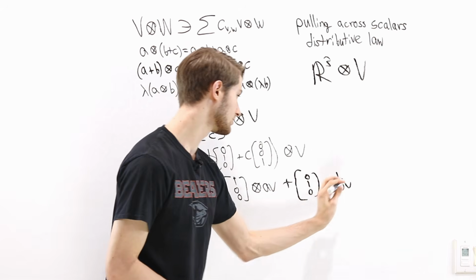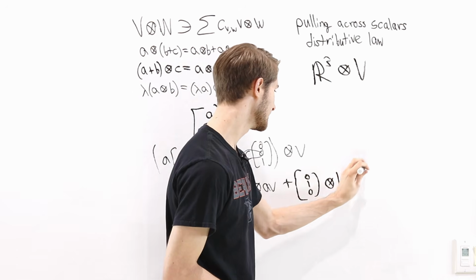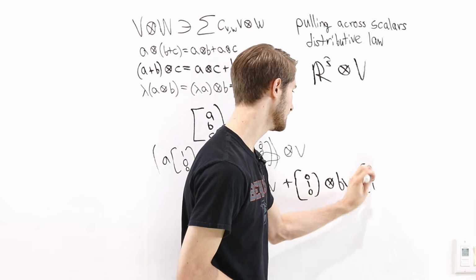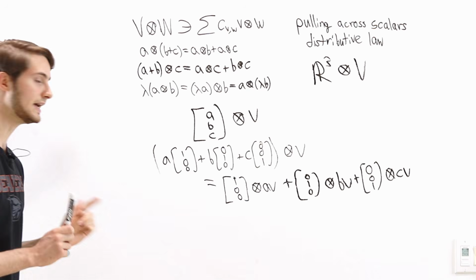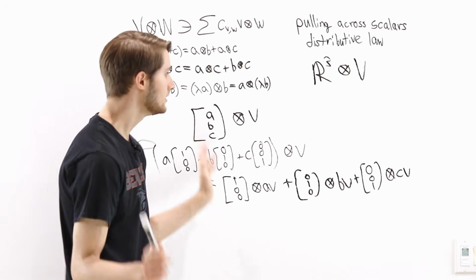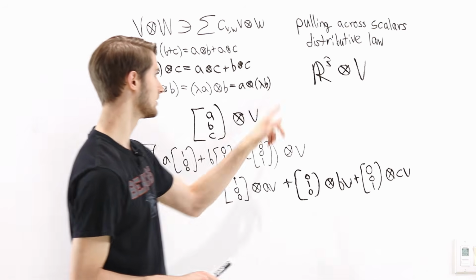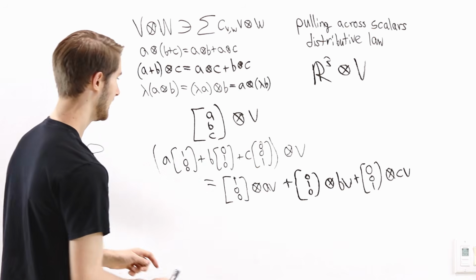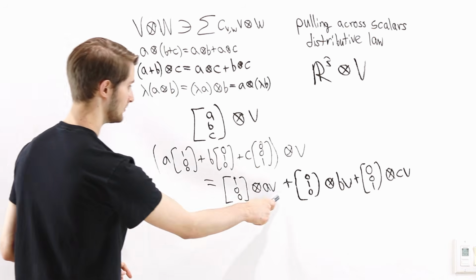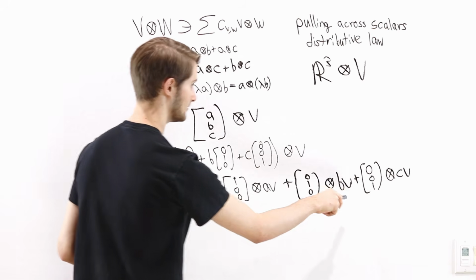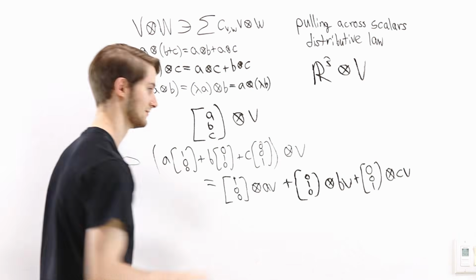Again, I've pulled the b across to the right side. And finally, plus (0, 0, 1) tensor cv. So again, we can write any pure tensor in R3 tensor V as (1, 0, 0) tensor something plus (0, 1, 0) tensor something plus (0, 0, 1) tensor something.